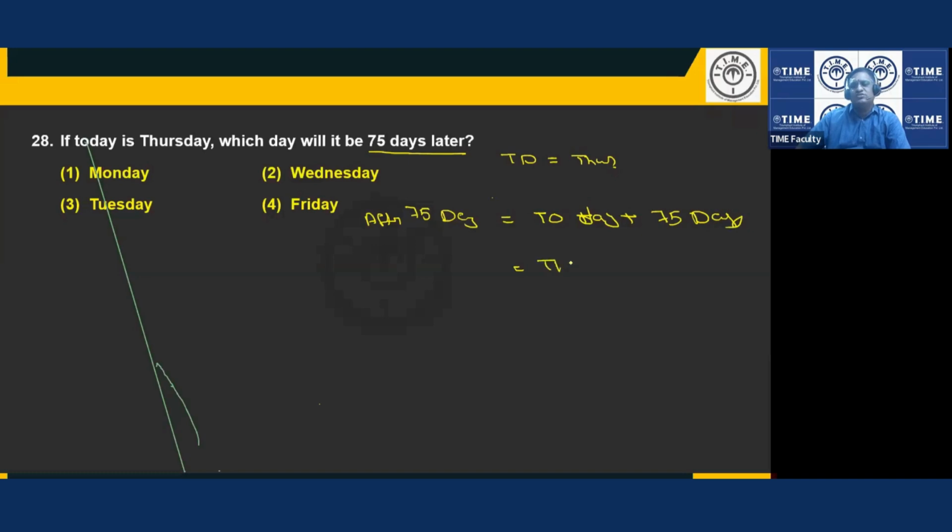Then today is Thursday plus 75 days. How many odd days? We find the odd days. 75 divided by 7: 7 tens are 70, remainder 5. So we say 5 odd days. With 5 odd days, Thursday plus 5: Friday, Saturday, Sunday, Monday, Tuesday. Option 3.